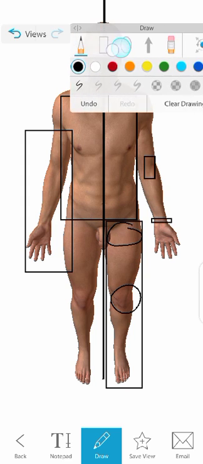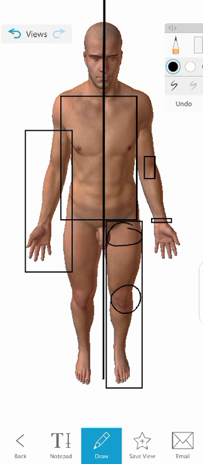So when you look at this circle like this, we can call this circle 1 and then circle 2. Circle 1 is proximal to circle 2, and then circle 2 is distal to circle 1. In the same way, we can say the knee joint is proximal to the ankle joint, and then we can say the ankle joint is distal to the knee joint.